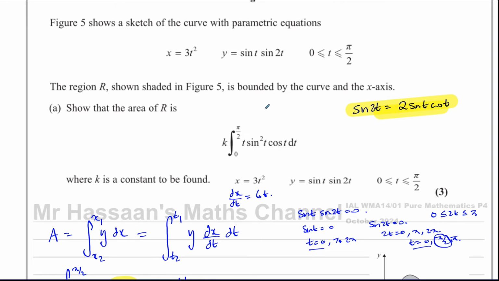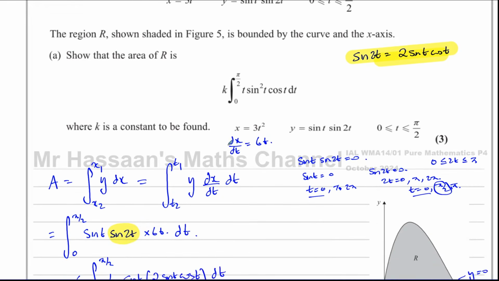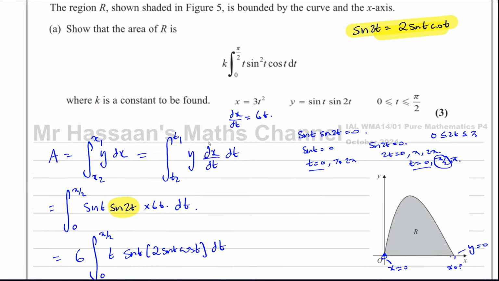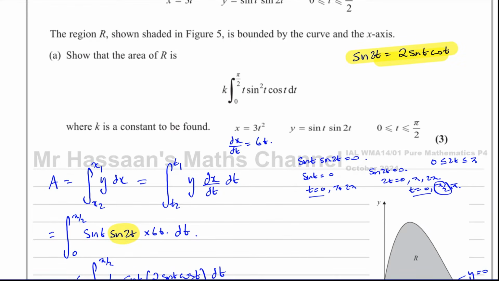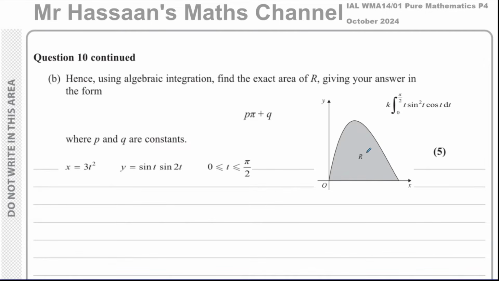So in this case, our k was 12. Now for the next part of the question, part B, remember this is 12 now. We have to hence, using what we just found, using algebraic integration, find the exact area of R, giving your answer in the form P times pi plus Q, where P and Q are constants.